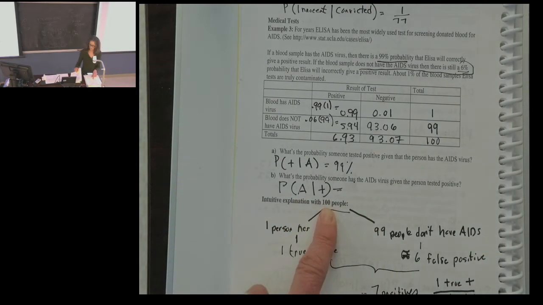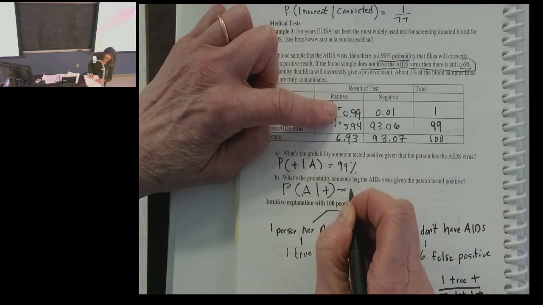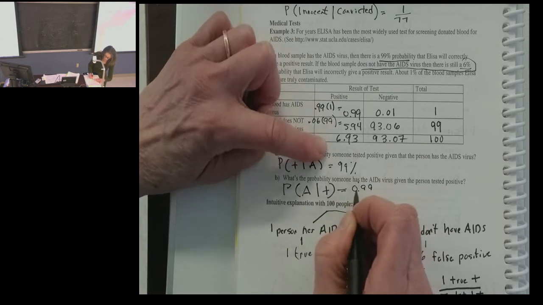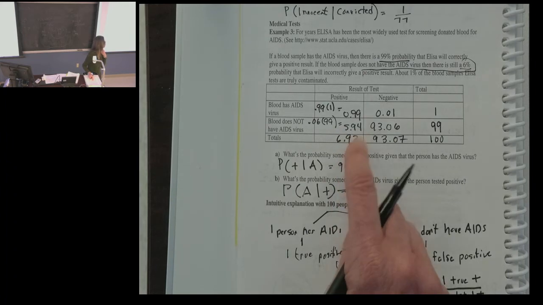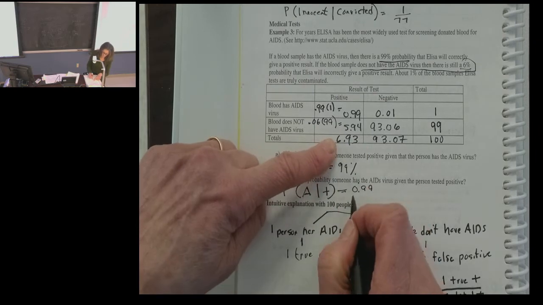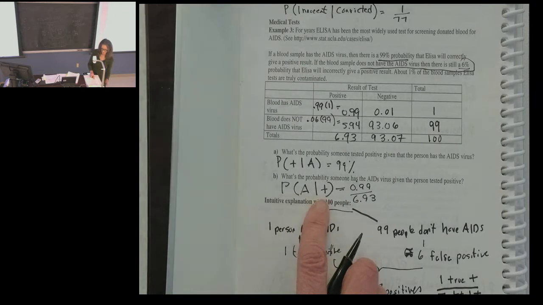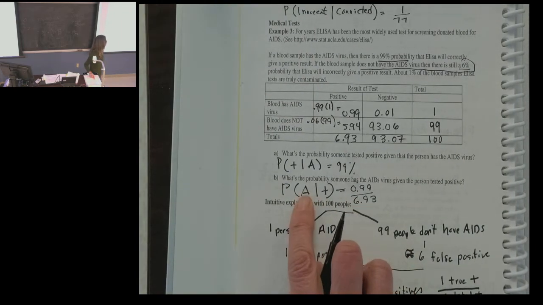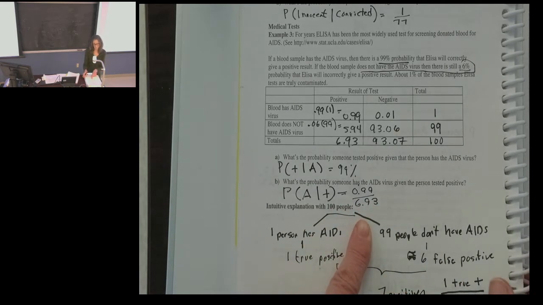We should have filled this in, and we should have said that's the probability, 0.99, of the people who tested positive. Of the people right here who tested positive, that was 6.93, only one of them had AIDS. So that's our total, and how many really had AIDS. So this was what we got, and we could have also gotten this by Bayes' rule.